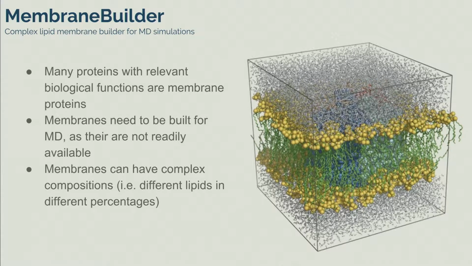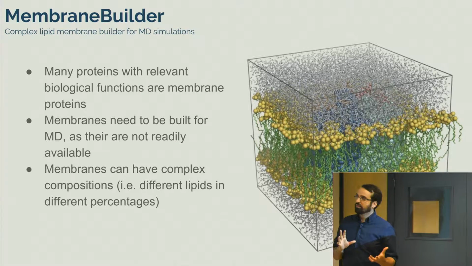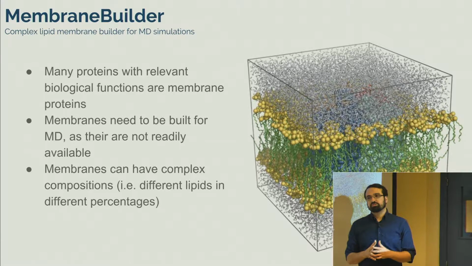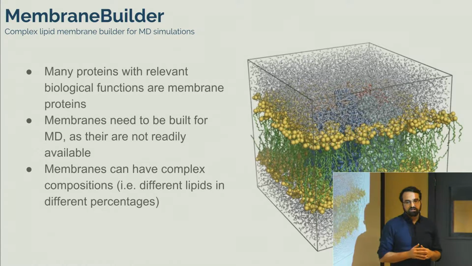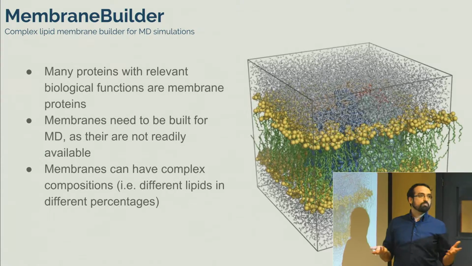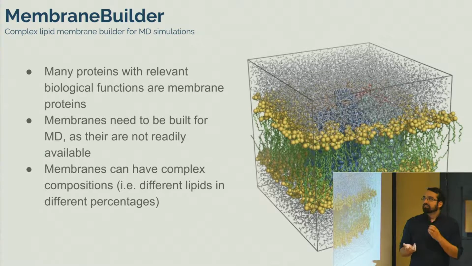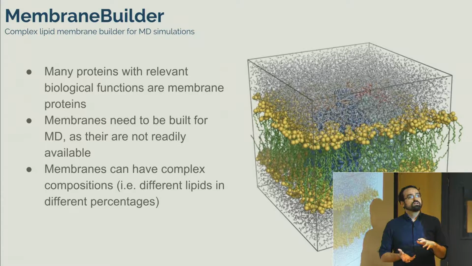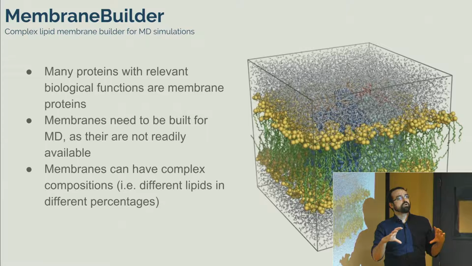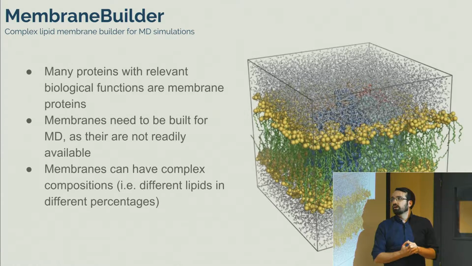Another important part is that many proteins that are relevant for biological functions, for example GPCRs, which are the main target of pharmaceuticals available on the market right now, are membrane proteins. So other than just modeling the protein itself, we also need to model the membrane and insert the protein inside the membrane.